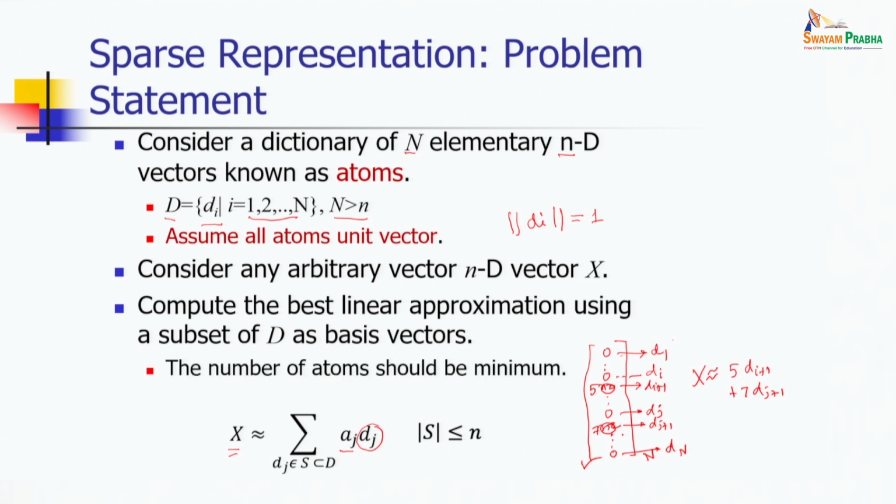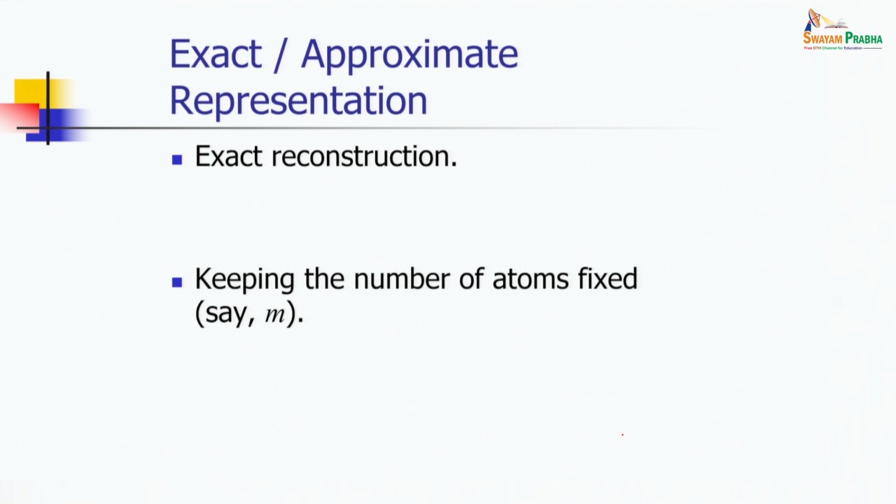So the objective here is that to get maximum sparsity, we would like to minimize the number of atoms. So what is the best approximation? It could be an exact representation, or it could be an approximation with a certain bound on error as per your requirement. The reconstruction should be as close as possible.